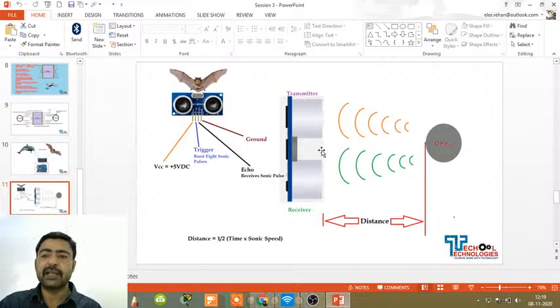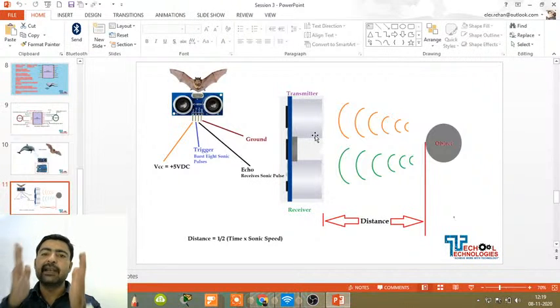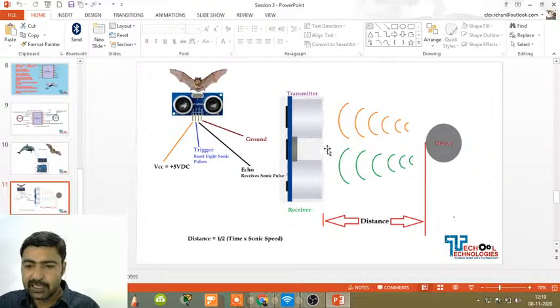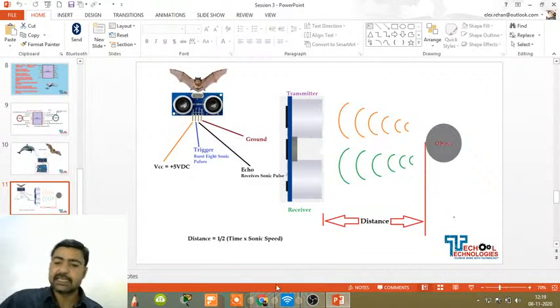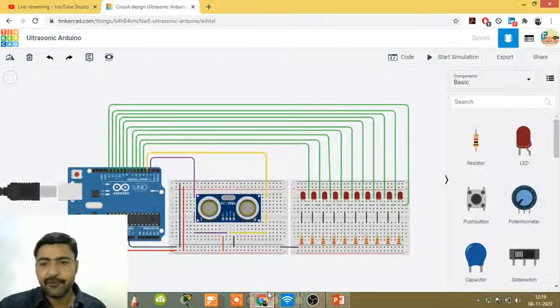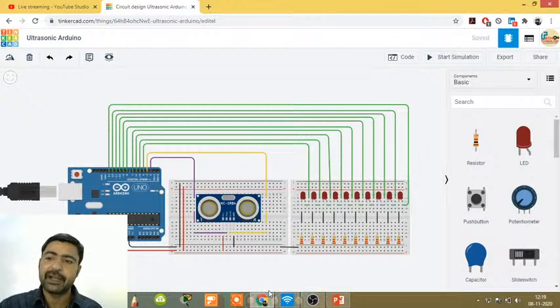Why? Because the wave is traveling to and fro, so it is traveling double the distance at which the object is. In this way we use ultrasonic sensors to measure distance. As I told you, it can measure up to 4 meters of distance.